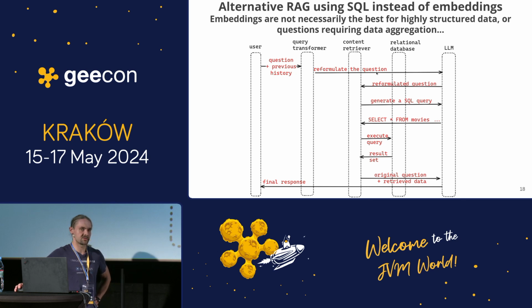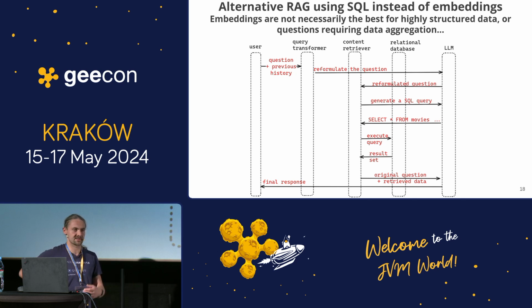if a user asks about one particular film, Inception in this case, what's the rating of the movie Inception? And then the LLM retrieves the rating from the database and responds. Then the user sends a follow-up question about the same film, but doesn't repeat what movie he's asking about.